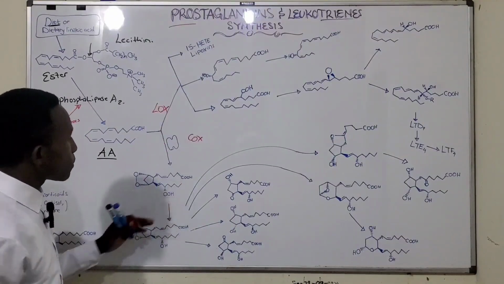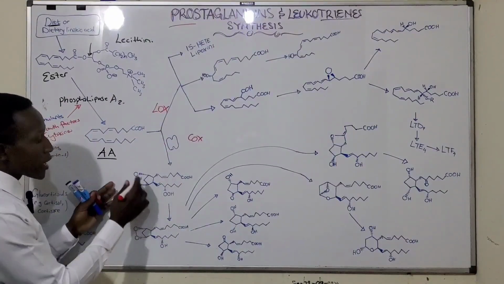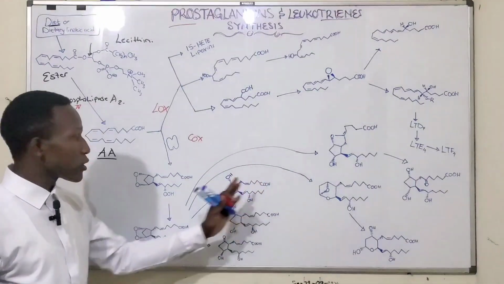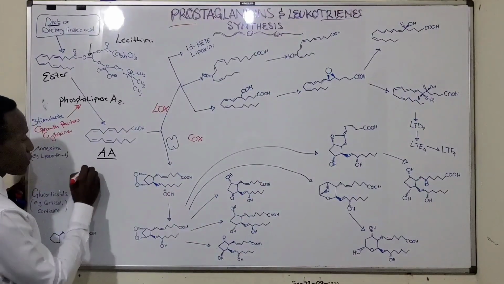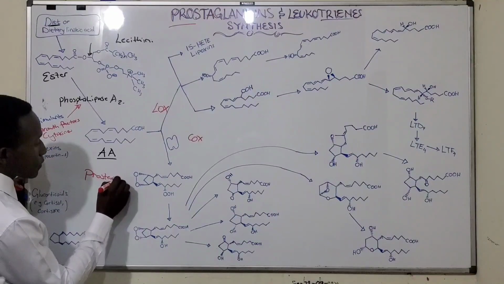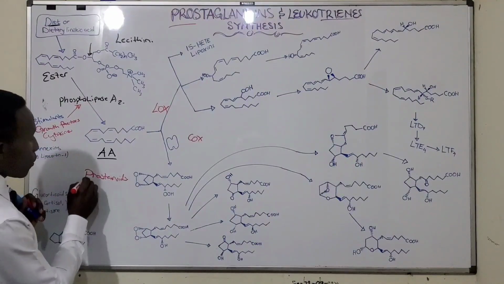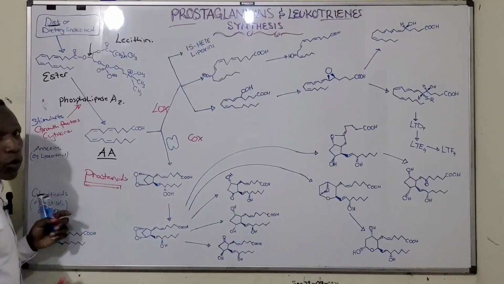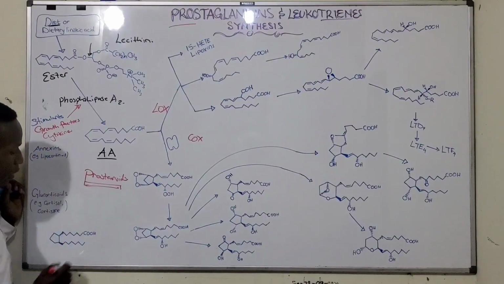The COX pathway provides us with the cyclized prostaglandins, or they are called prostanoids. Why are they called prostanoids? It is from the hypothetical compound known as prostanoic acid.